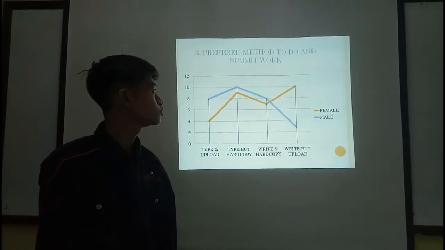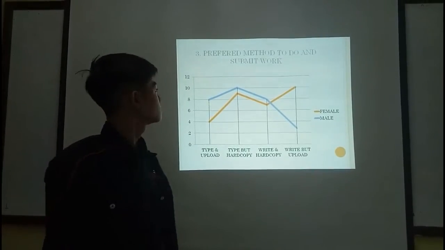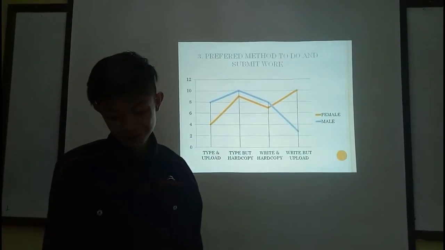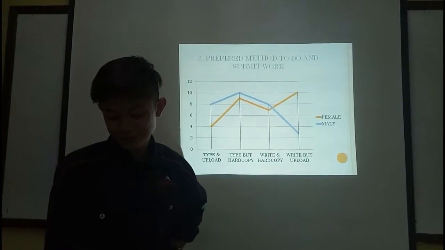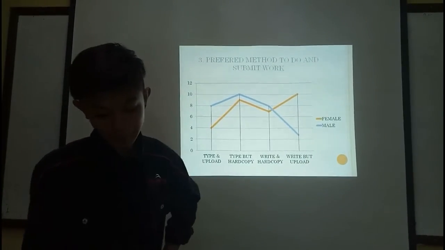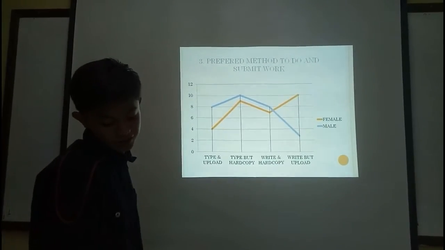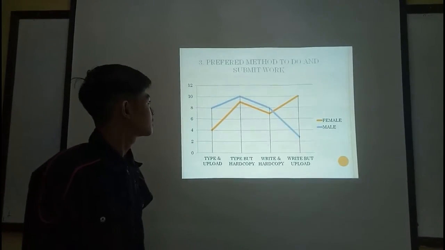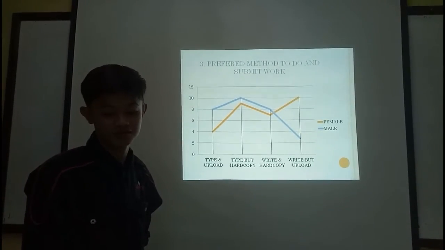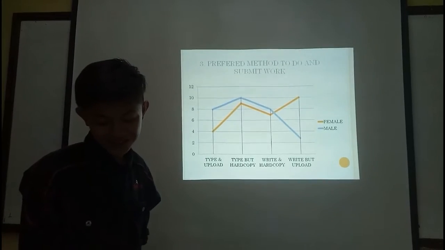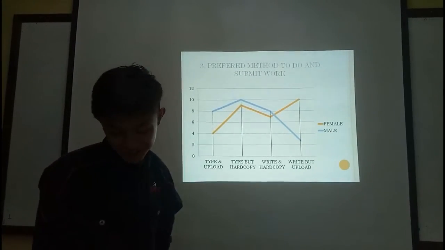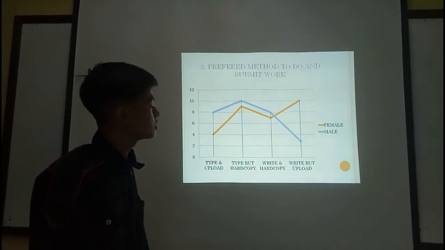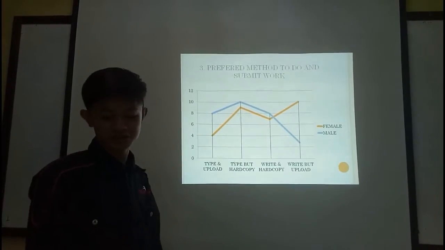First, I go to the survey question number 3. How do you like your assessment to be done and sent? And next, I describe the trends and changes of the graph. And finally, I outline the conclusion and some recommendations.